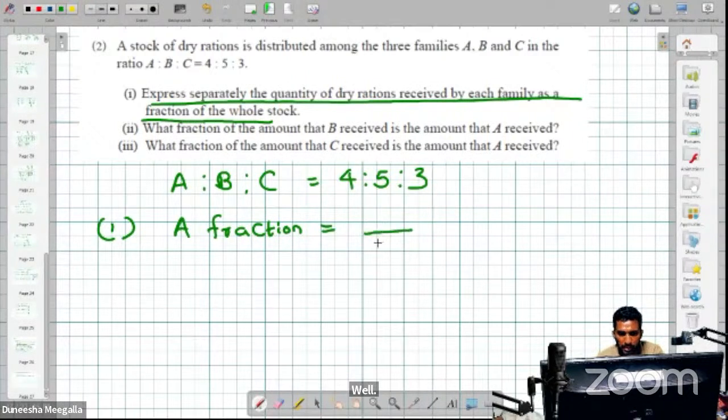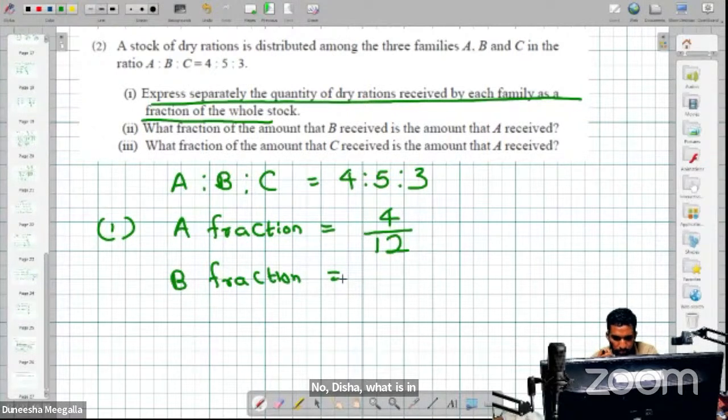Relevant ratio for the A? 4/12. B fraction. What is the fraction of B? 5/12. C fraction. 3/12.